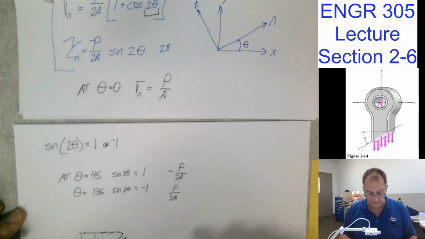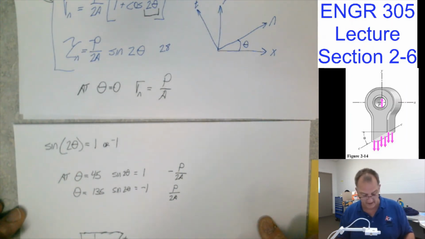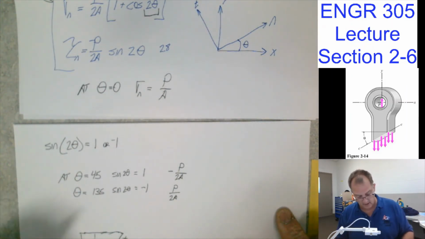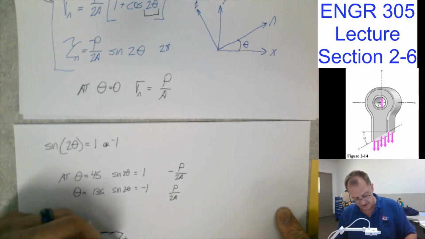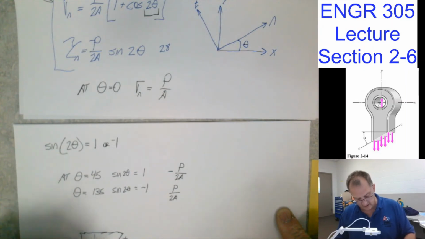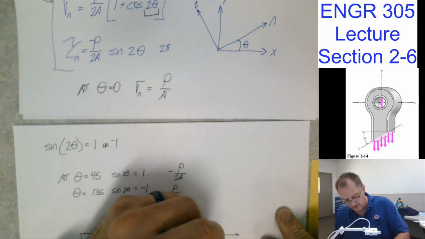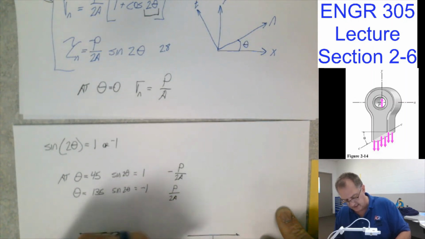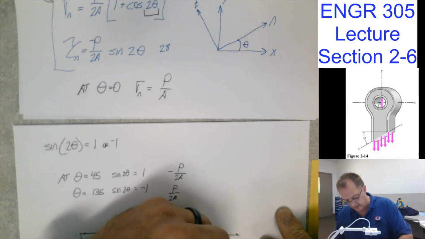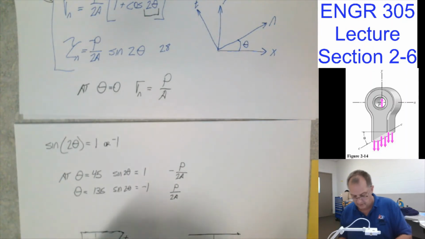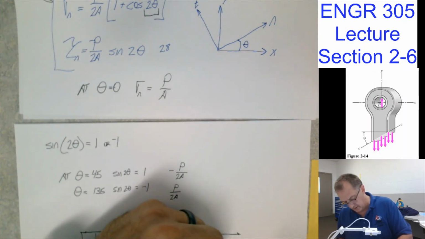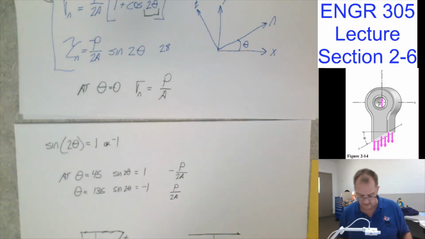The other is going to be at 135 degrees. All right, well, 135 degrees looks like this plus 90. So instead of cutting, let's draw it. Here's this face. Here's my X angle. And so now theta is going to be cut this way.